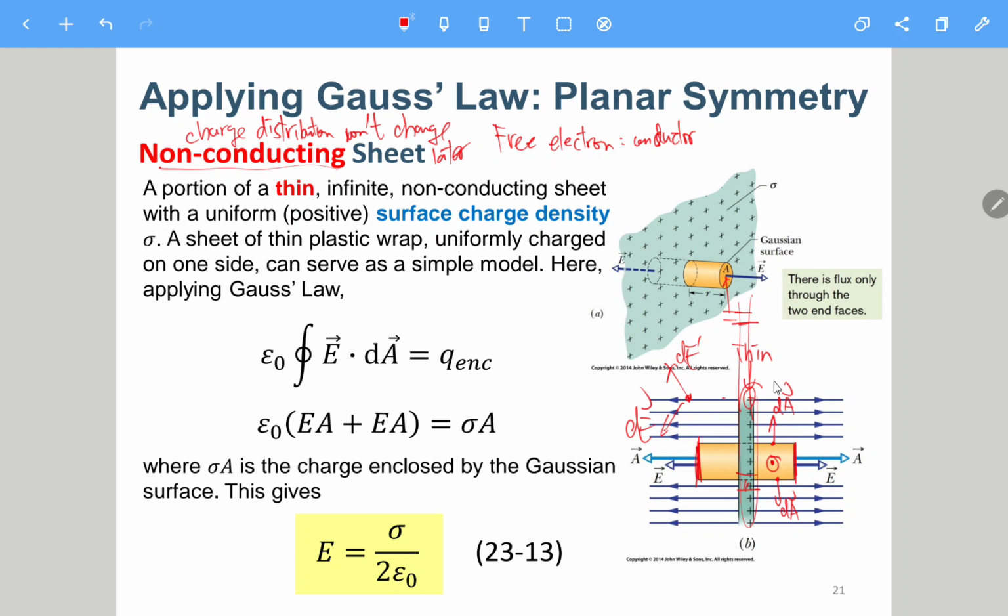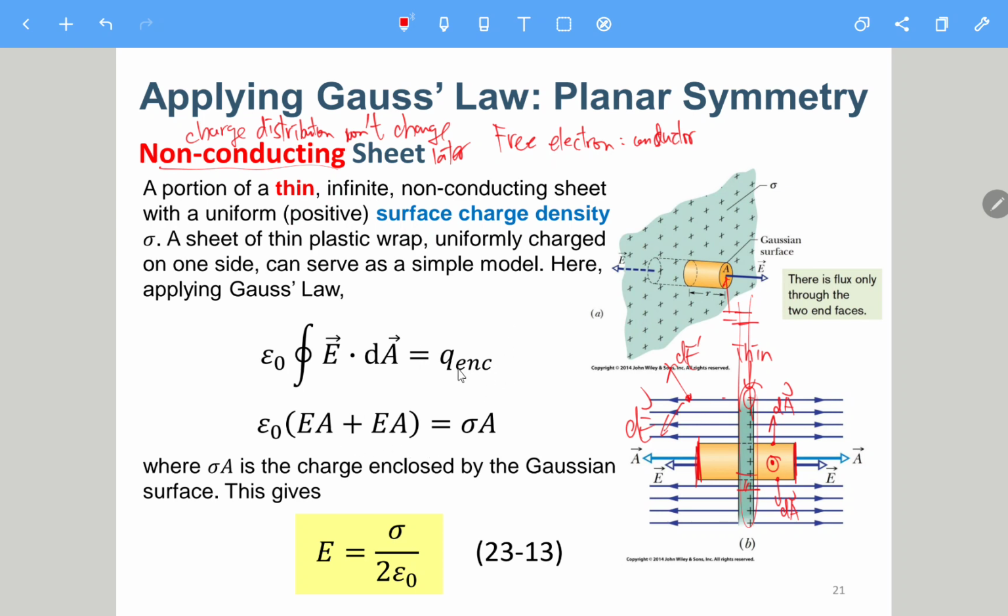So for this point and that point, they look at the same thing. So E should be uniform. For this one, E and A point in the same direction, to the right side. So E dot dA is nothing but E times A. So we have E times A, and for this side also E times A. So for this integration, this is 2 times E times A.